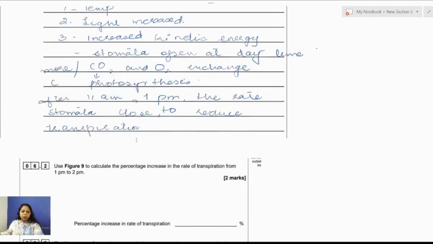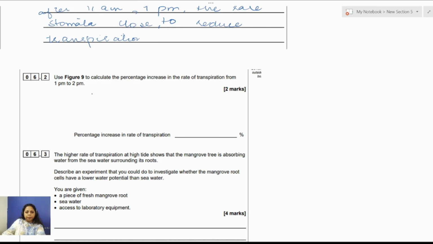Okay, it has increased from 0.75 to 0.80. Okay, let's find the percentage increase. It would be the final value minus the initial value, divided by the initial one, multiplied by 100. So it would be 0.05 divided by 0.75 multiplied by 100.